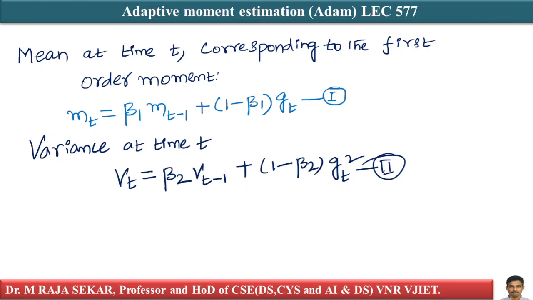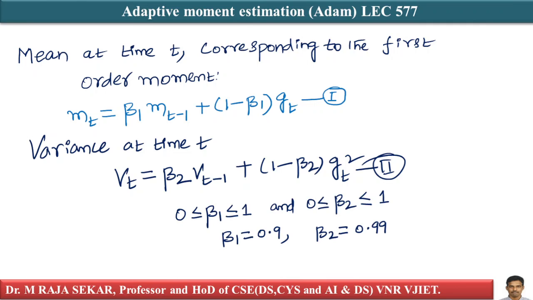Let this be the second equation. Very simple definitions. Remember, beta 1 lies between 0 and 1. Similarly, beta 2 lies between 0 and 1. Beta 1 is typically taken as 0.9, and beta 2, typically but not always, is taken as 0.99.